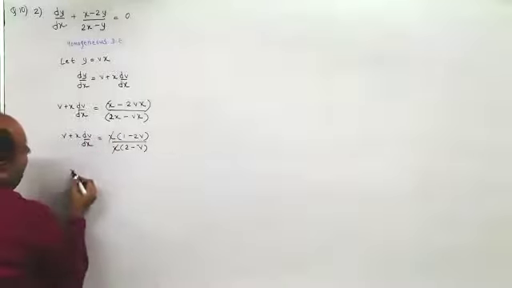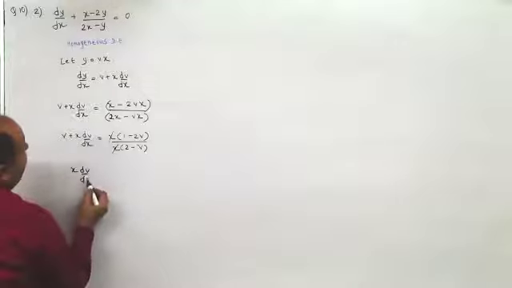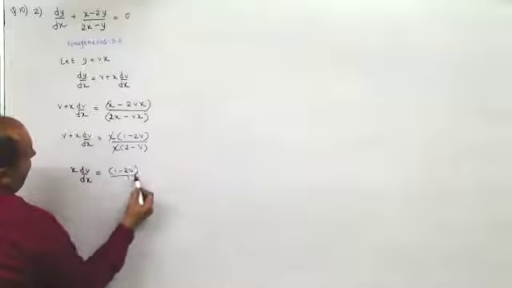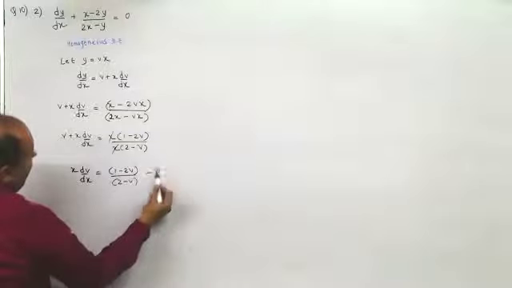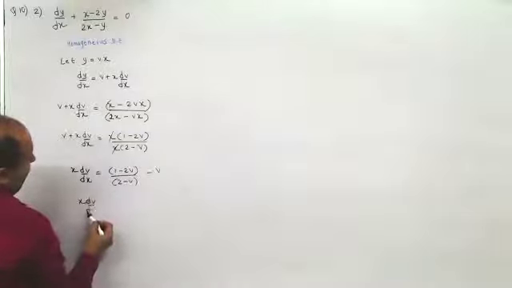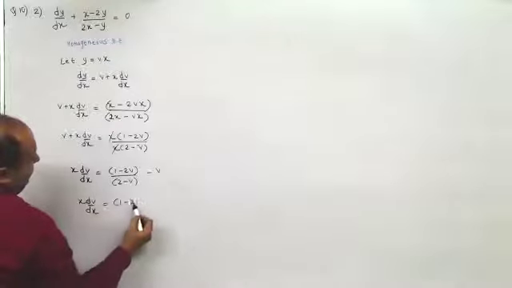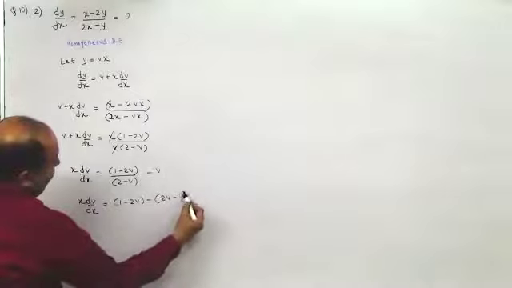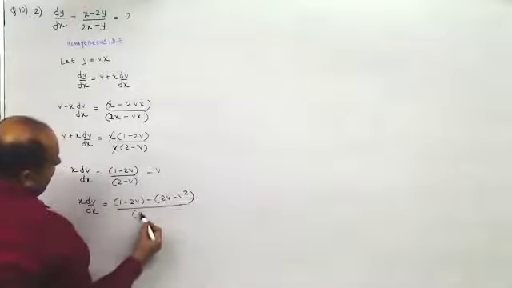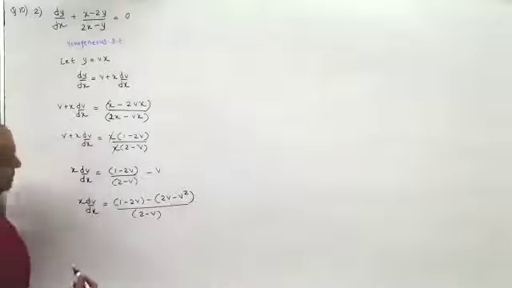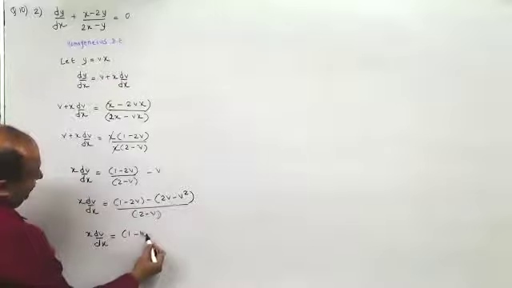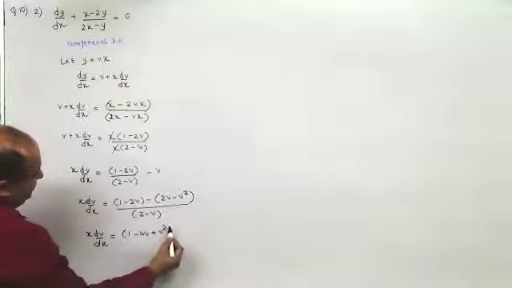Now, when I take it to the other side, I get x dv by dx equal to (1 minus 2v) upon (2 minus v), minus v. X dv by dx would be equal to 1 minus 2v, then minus v into 2, that is minus 2v, v into v would be v square, upon 2 minus v. So this would be x dv by dx equal to 1 minus 4v plus v square upon 2 minus v.